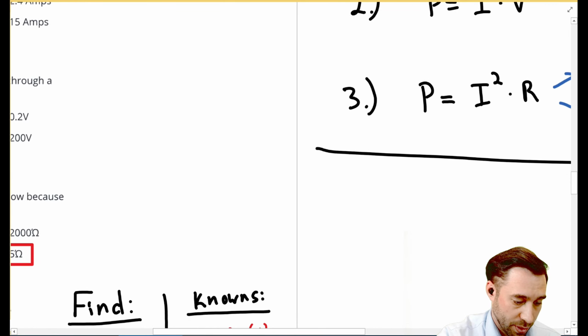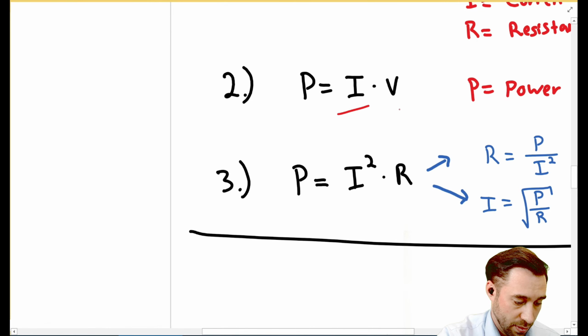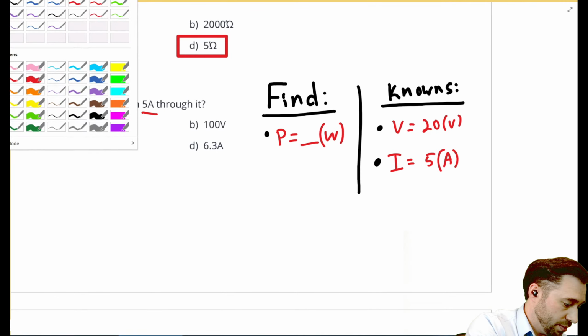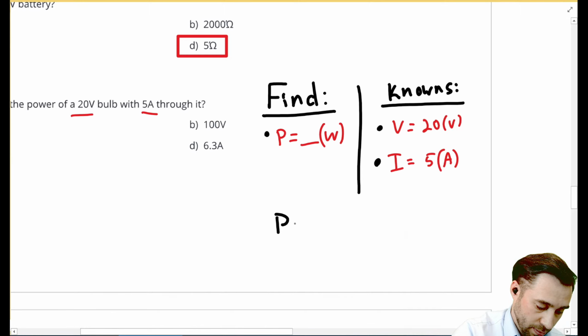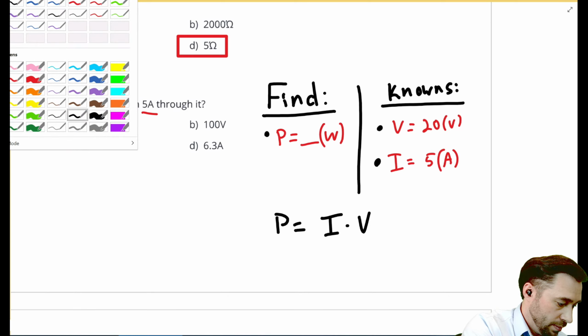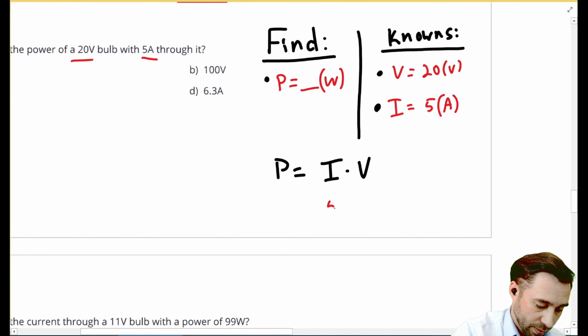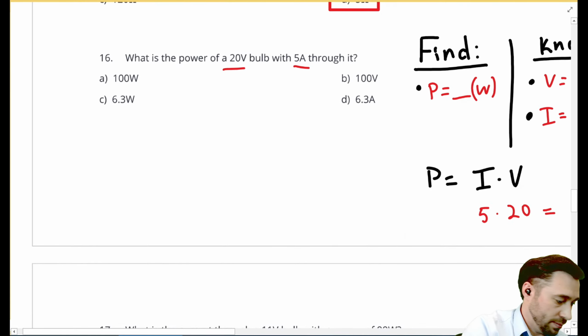So the equation that has current, voltage, and power is this one. So power is equal to current times voltage. So I don't need to do any algebra. My current is 5. My voltage is 20. And this is going to give us 100. So 100 watts.